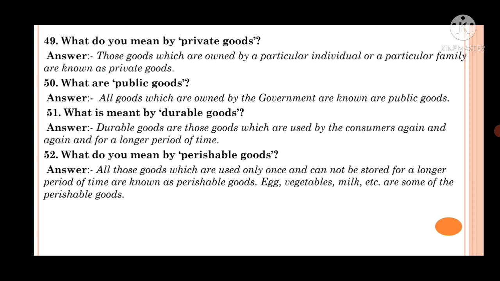Egg, vegetables, milk, etc. are some of the perishable goods. Once they are used, their value is destroyed. So they cannot be stored for a longer period of time and they can be used only once, right?